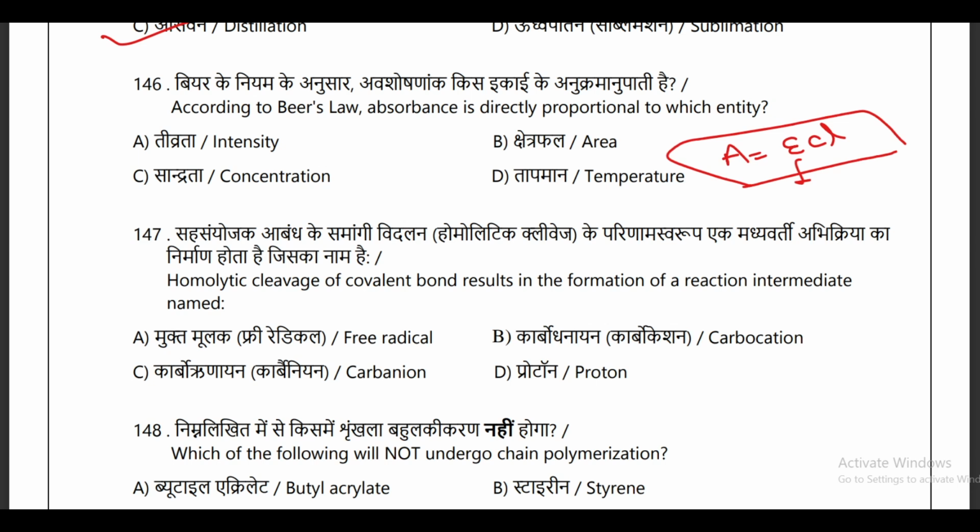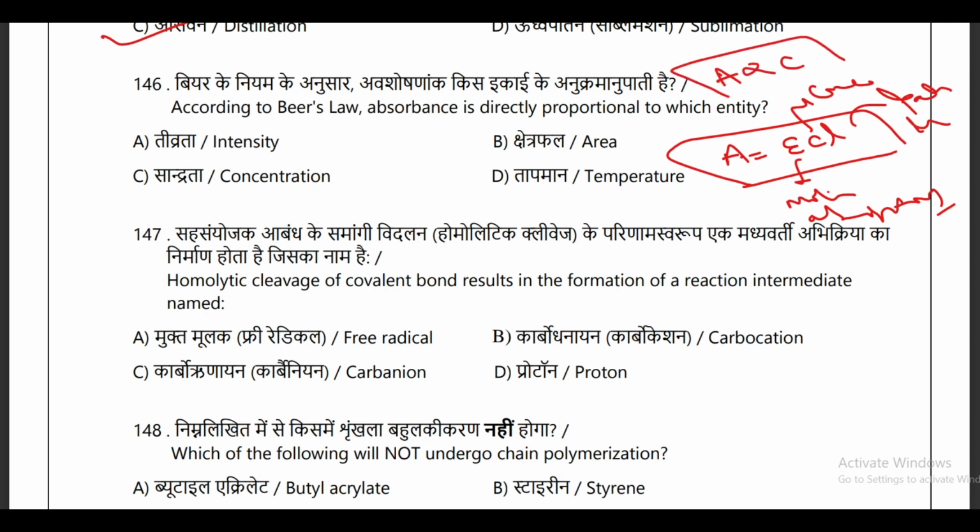Epsilon is the molar absorptivity, C is concentration, and l is path length, and A is absorbance. Absorbance is directly proportional to concentration, and concentration is one of the options, so you will take option C as your correct answer. So A is directly proportional to concentration, and A is your absorbance.